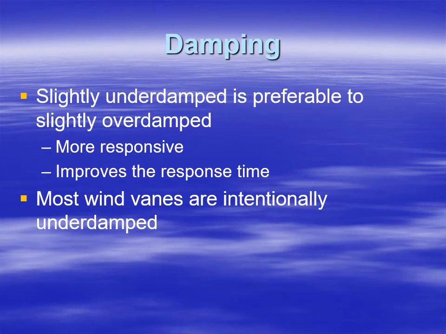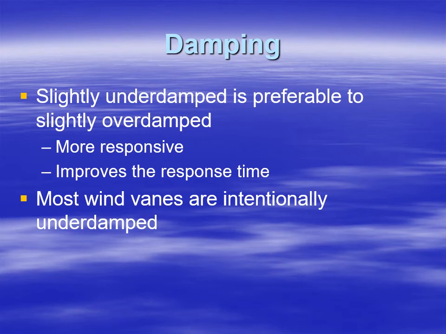So as I said, we prefer to have wind vanes slightly underdamped. We don't mind them overshooting the true position of the wind. And you've probably seen this before looking at wind vanes. They kind of go back and forth, but each one of their oscillations is smaller and smaller until they're finally pointing in the direction of the wind. The reason we like to have an underdamped wind vane is because it's more responsive.